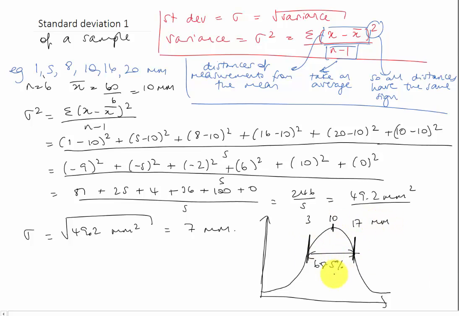Okay, so this gives us an idea of the distribution of the different measurements around the mean in our sample.